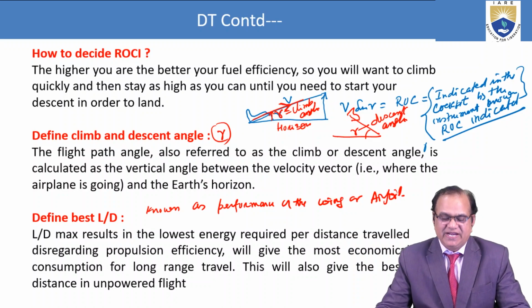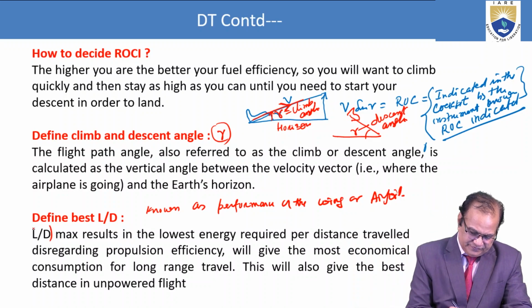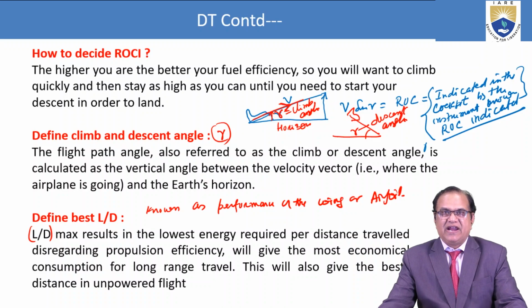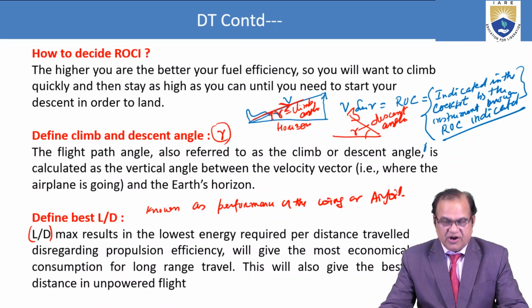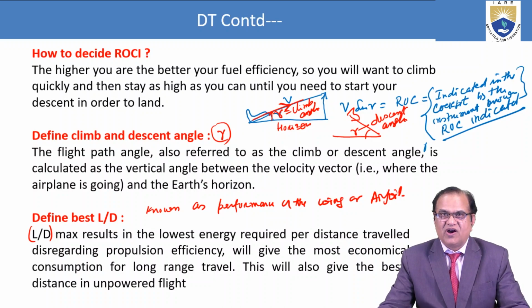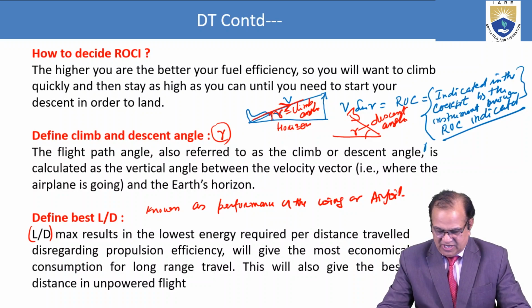So L by D max results in the lowest energy required per distance traveled, and disregarding propulsion efficiency will give the most economical fuel consumption for long range travel. This will also give the best glide distance in unpowered flight.